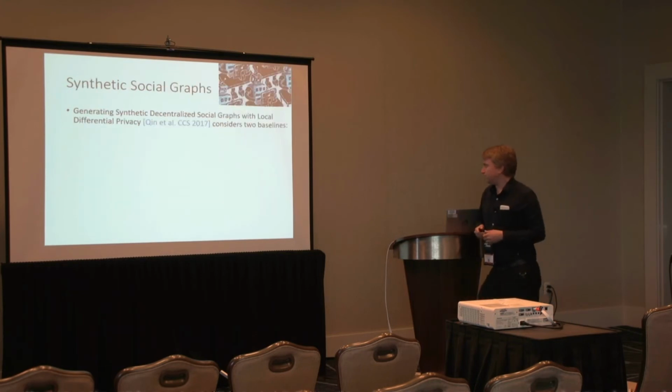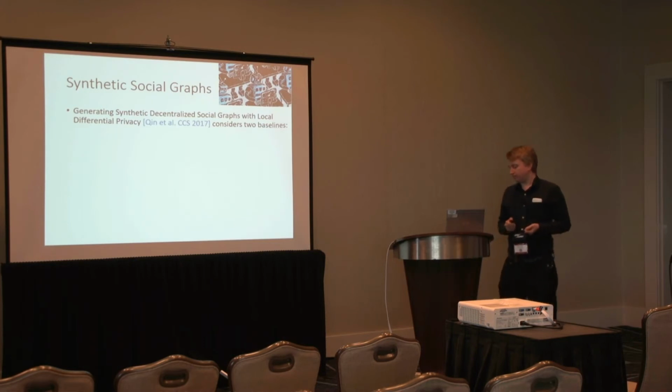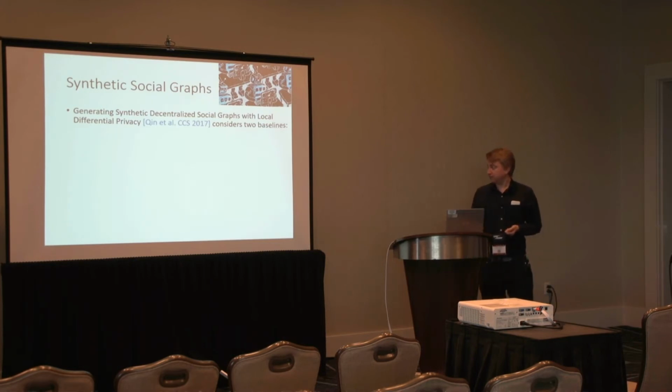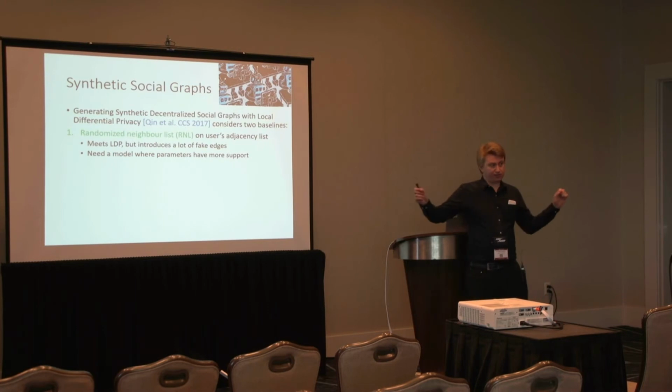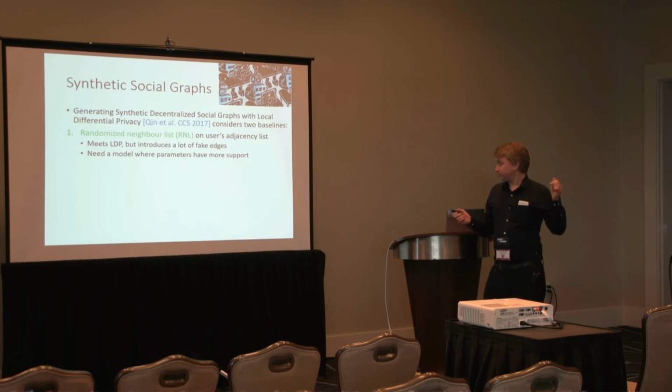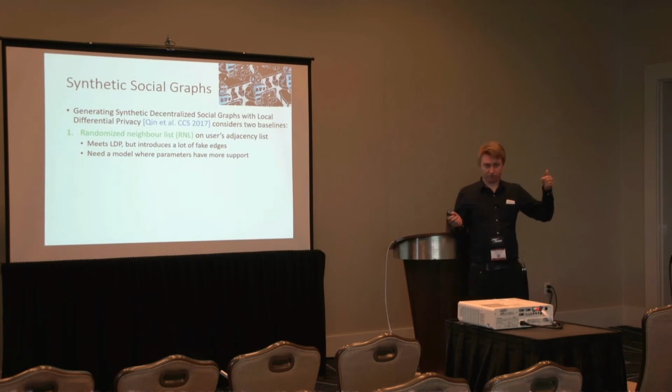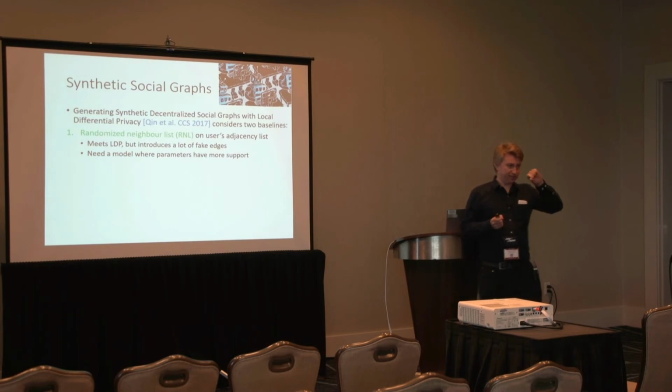So there's a paper last year in CCS that was thinking about how you would release social graph data, social network data. It starts by asking what kinds of things you could do. At one extreme, you could think about the adjacency list of each user. That's a binary vector, so you could run randomized response on every bit in that vector.